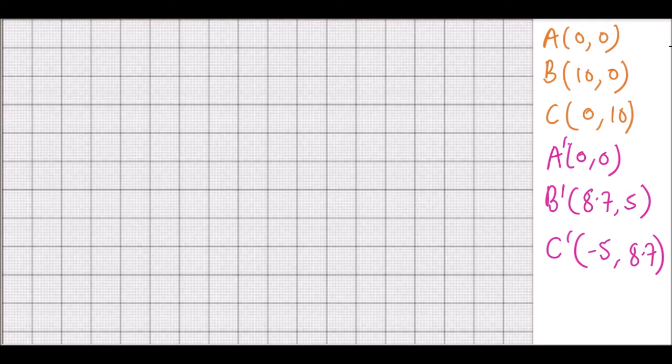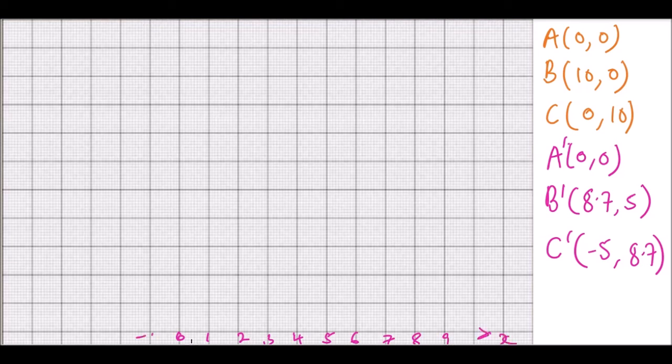So we have our object here. If we can start from here, let this be our starting point. So we have 1, 2, 3, 4, 5, 6, 7, 8, 9. That is our x-axis.